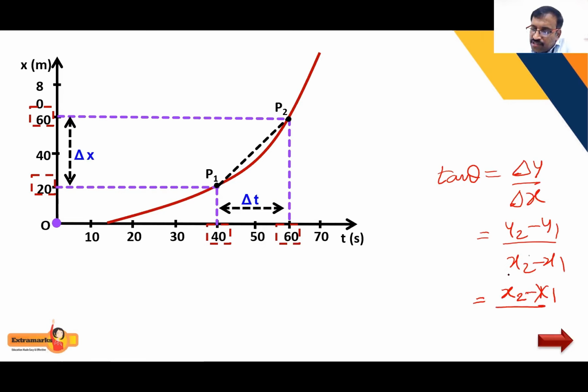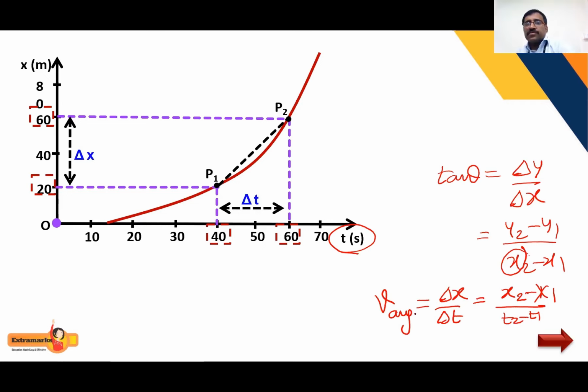Don't get confused, this is the y-axis coordinate value. And here the x coordinate value is time, so this is t2 minus t1. So I can write it as delta x by delta t. As per the previous slide, I showed you that this is V average. Hope you understood. So whenever average velocity is asked, suppose in this question they are asking average velocity between the 40th to 60th second.